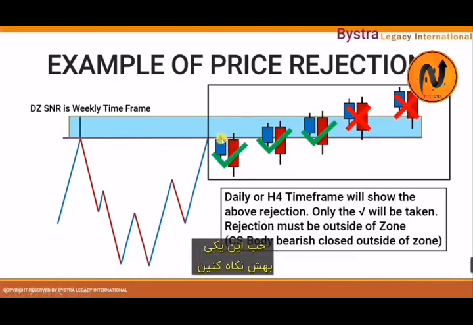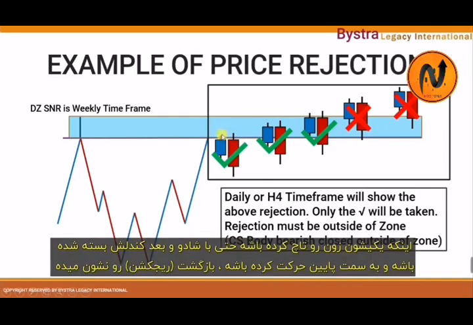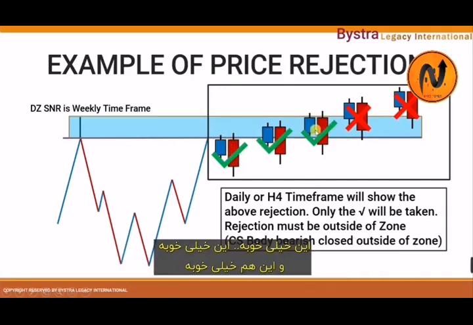Okay, so this one, look at this, both candles close outside of the zone. This is because both have touched the zone. Doesn't matter whether both or either one of these, as long as one of them touched and then closed as a wick or a shadow and then continues to show a rejection. This is very good, this is very good, and this is very good.